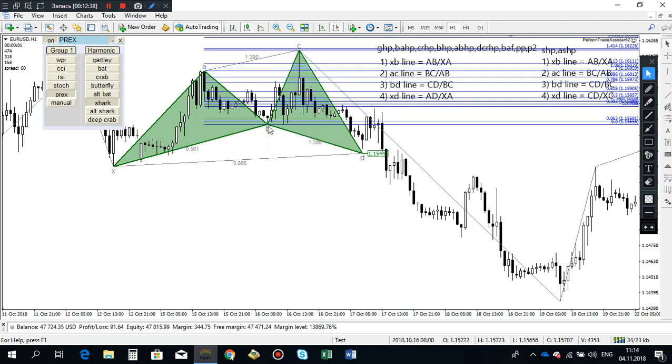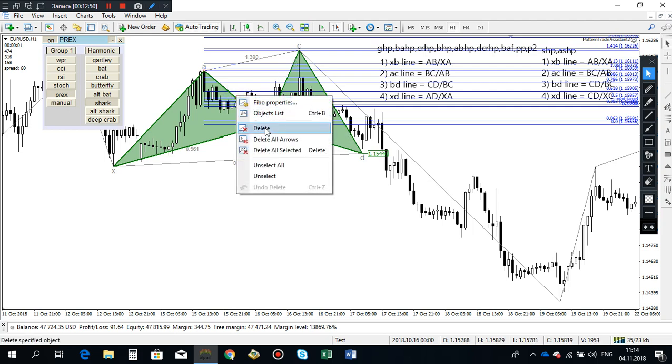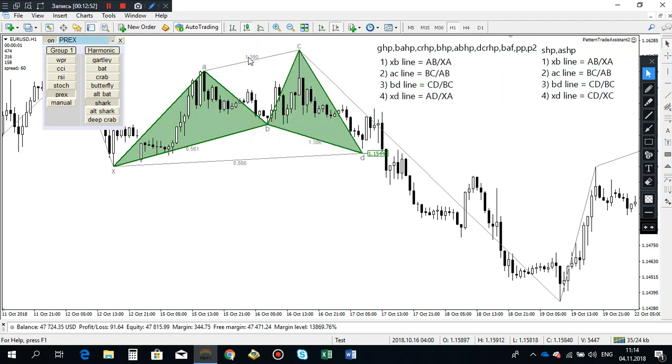This is very important. Don't mix up all these things because the cipher pattern has a different way of calculating the C point. Absolutely different. Okay, as long as the C point stays from a ratio of 1.13 to 1.618, then it is okay.